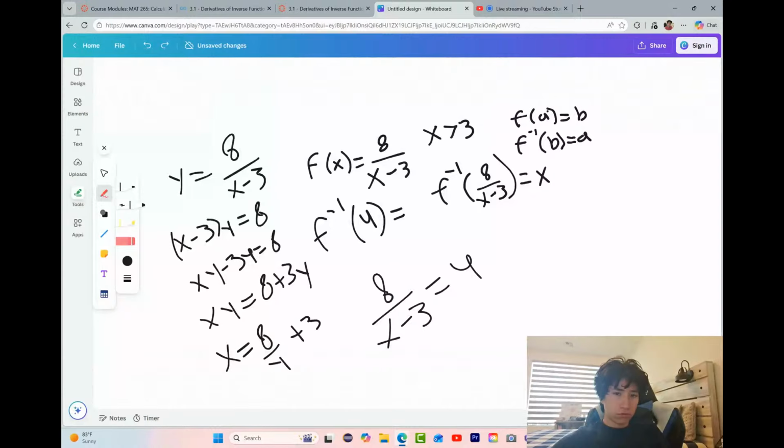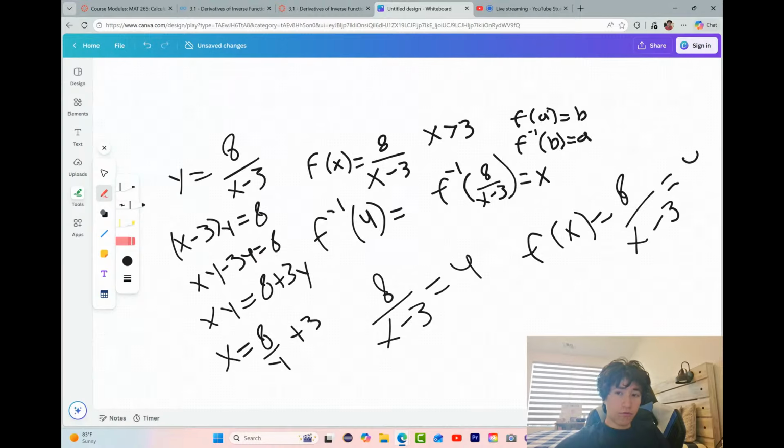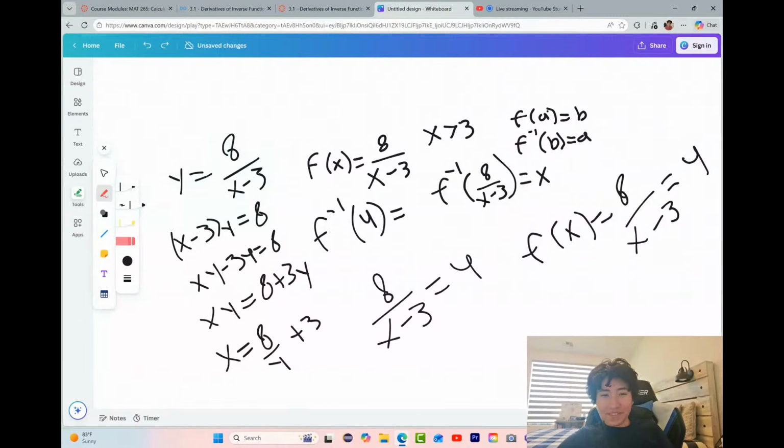Right, per the definition, we need to find a value of x that makes this equal to 4. Come on, man. And that's 8. Oh, but what is y?